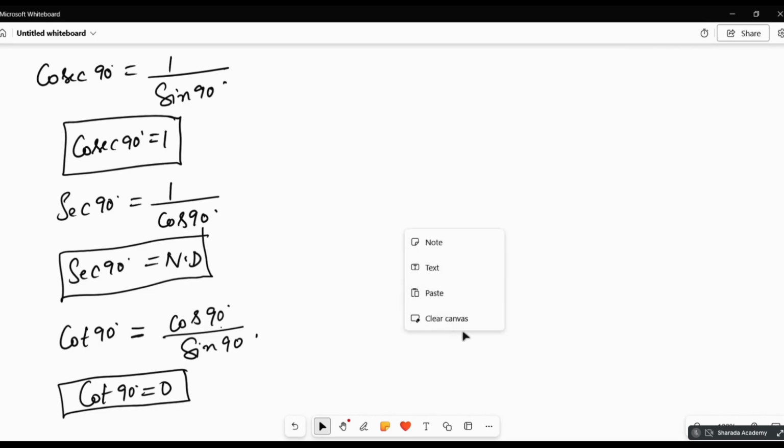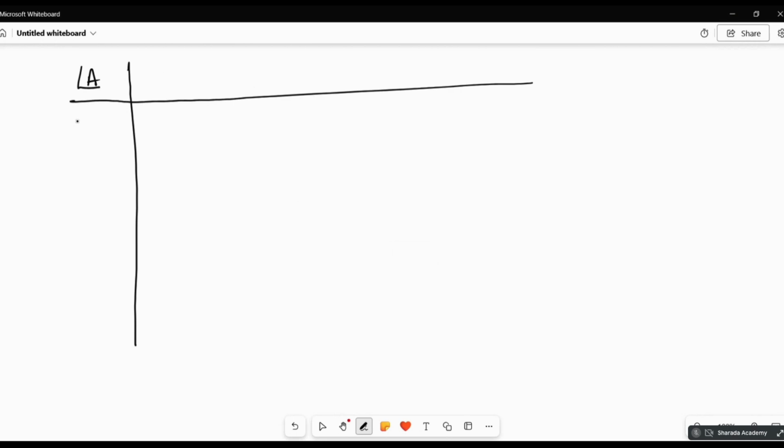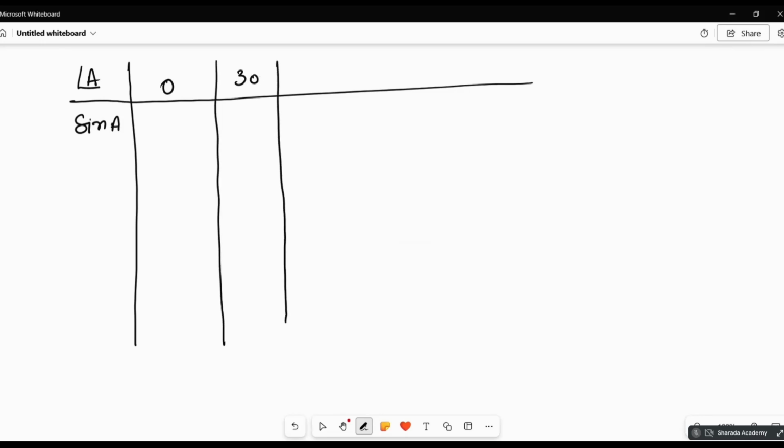Now, write that in a table, everything. It's there in the book. Start writing all those values. We'll take angle A: 0 degree, then 30 degree, 45 degree, 60 degree, and 90 degree.